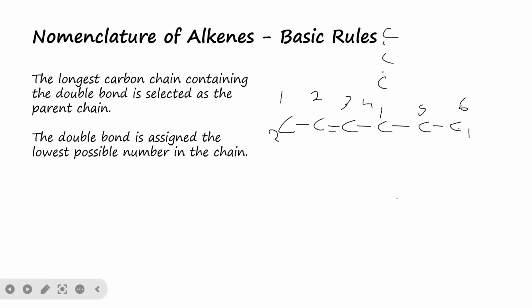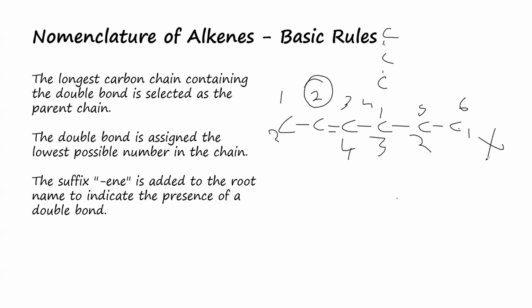If you look at it, this is where you get the lowest possible number bearing the double bond. But if you do it from here, 1, 2, 3, 4, you see it is 4 here. So if you take this one, it's wrong. You always number from the direction where you will assign the double bond the lowest number.